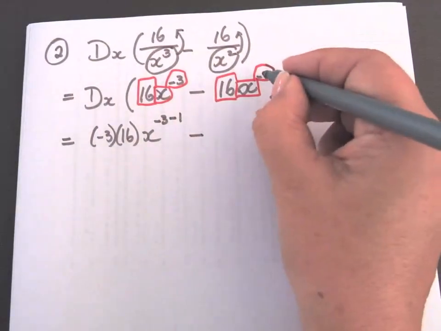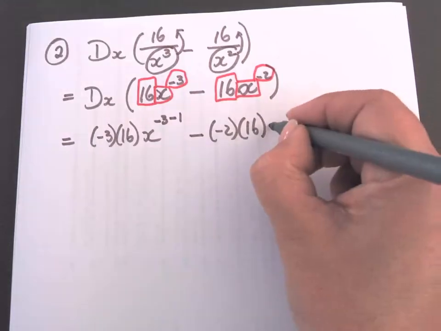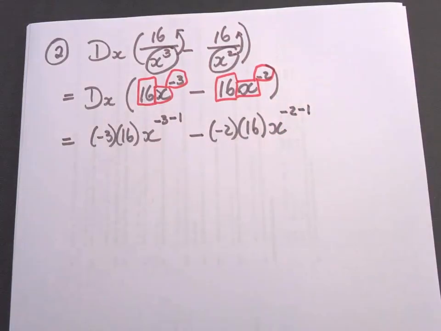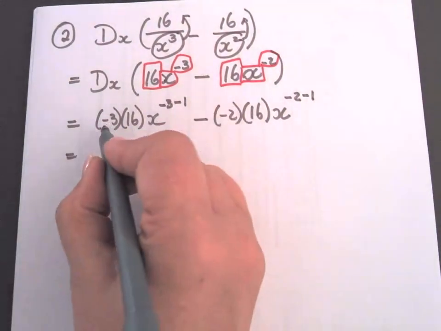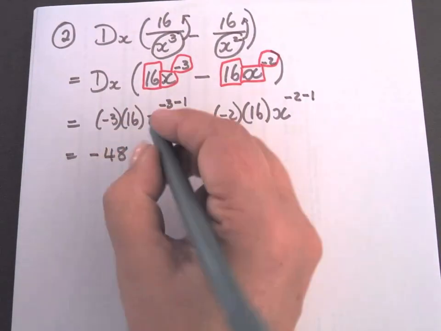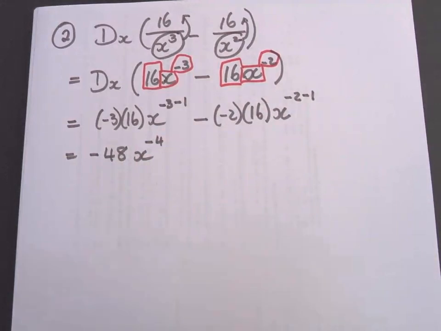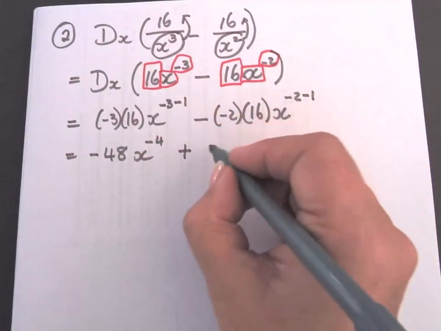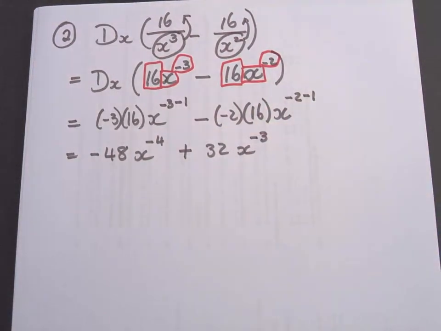Minus, take the exponent, negative 2 times it with 16 x to the power of negative 2 minus 1. And now you simplify. Minus 3 times 16 is negative 48 x to the power of negative 4. A minus times a minus is a plus, 32 x to the power of negative 3.